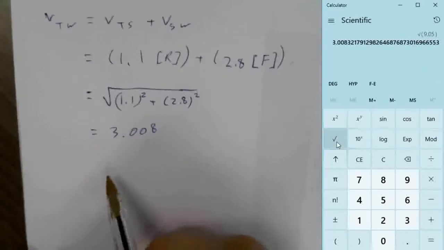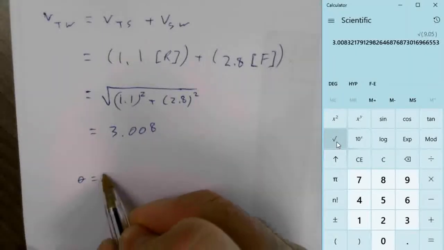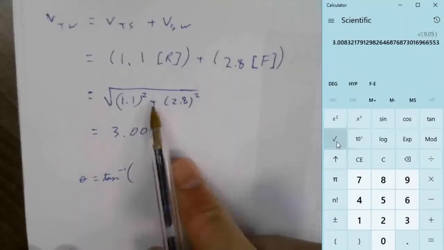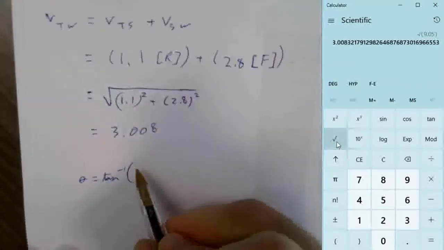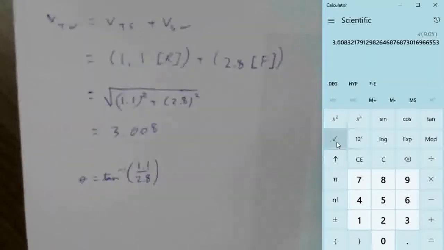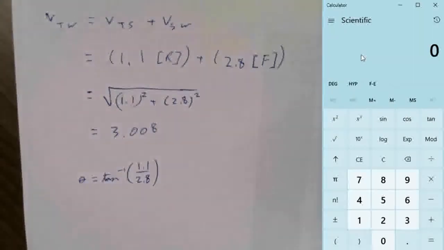So to find the direction, which is the angle, we find the inverse tan of the lesser of these values divided by the greater of the values. This will always give us an angle that is less than 45 degrees, and that is the convention that I like to use for these types of problems.